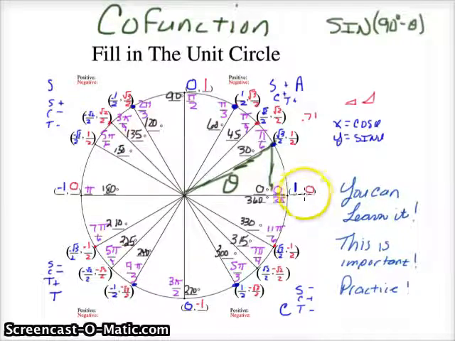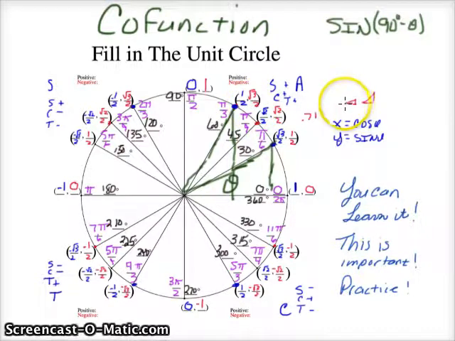What's the sine? The sine of 30 degrees is 1/2. Okay, well, what's the sine of 60? Well, here's 60 right here. Notice what the sine is right there. The sine of 60 is radical 3 over 2.